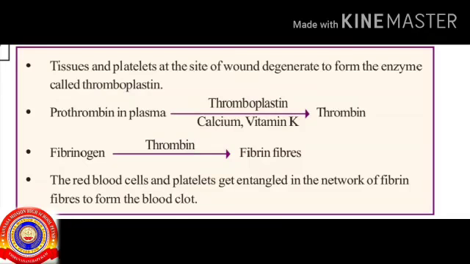This thrombin converts soluble fibrinogen molecules into insoluble fibrin. These fibrin filaments form the network over the wound and trap blood corpuscles and platelets to form a blood clot.